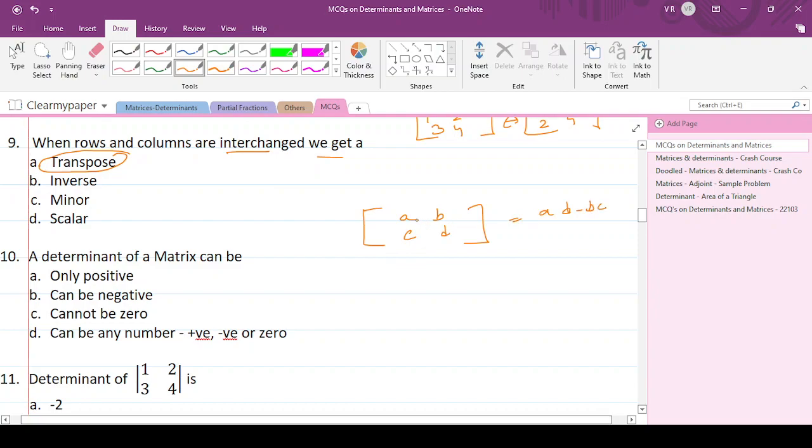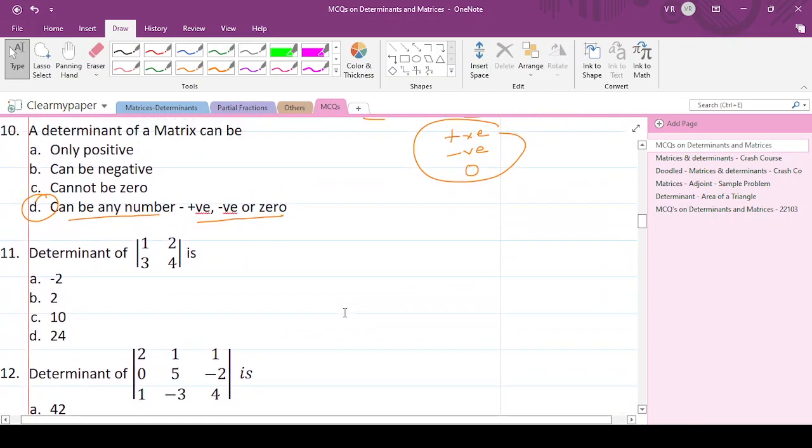You first multiply this diagonal, minus the elements on the other diagonal. If you recall, a determinant is just a number, and it can take a positive value, a negative value, or even 0. Hence D is the right answer. It can be any number, positive, negative, or 0. Determinant of a matrix.